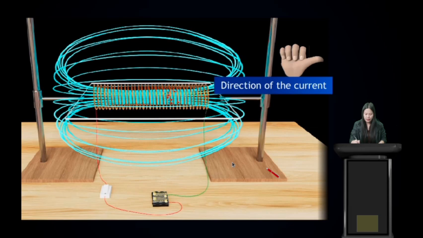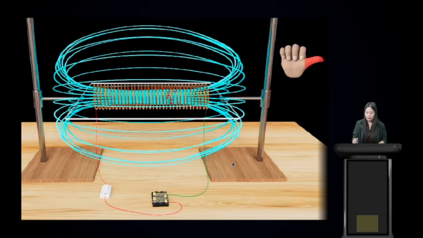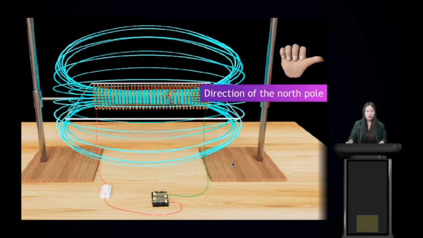So current will go back, come front, go back, come front, go back, come front. So the direction of current is shown by the direction of the fingers in this case. Then our right thumb will give the direction of the north pole.